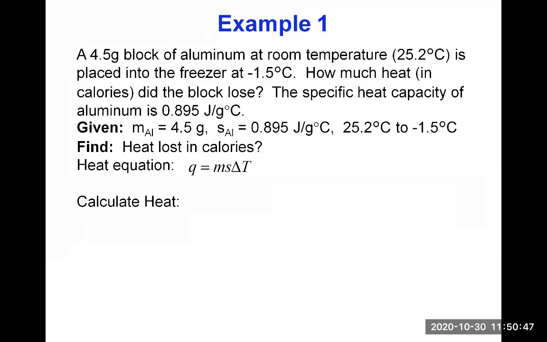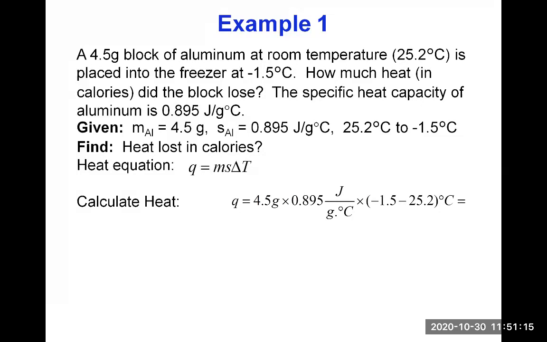So we can plug in the values and we'll get Q. So it's 4.5 grams, the mass, times the specific heat capacity in joules per gram and per degree Celsius, times the temperature difference. When you do the temperature difference, you do the final temperature minus the initial temperature. So final temperature is negative 1.5 minus 25.2.